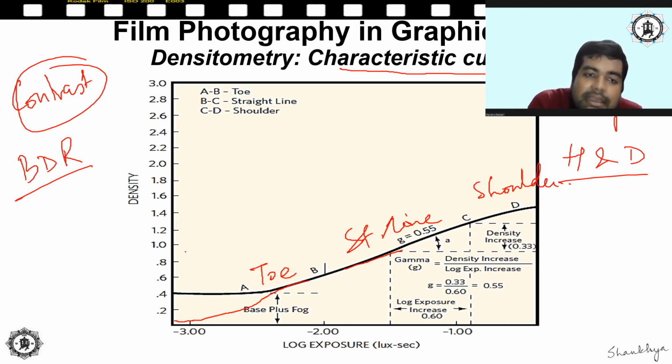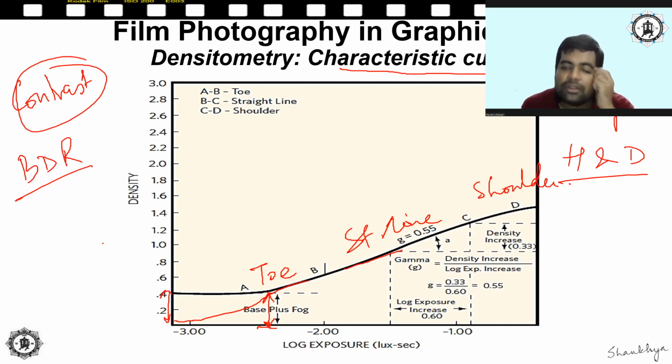Now here you see this is basically the base, and this height from which the toe section, the curve, basically starts is known as the fogging level for that particular film. So that means this 0.4 density, you have to compensate for.